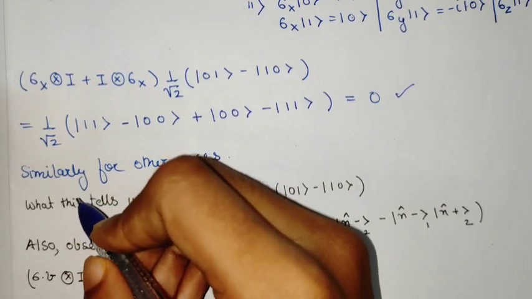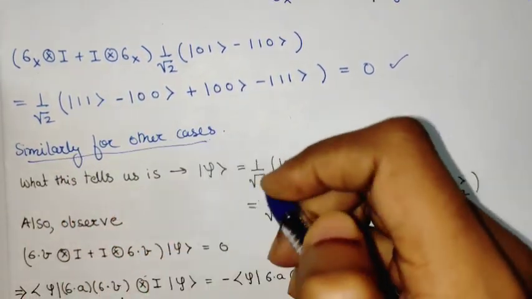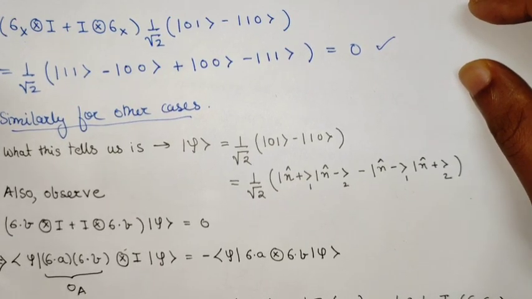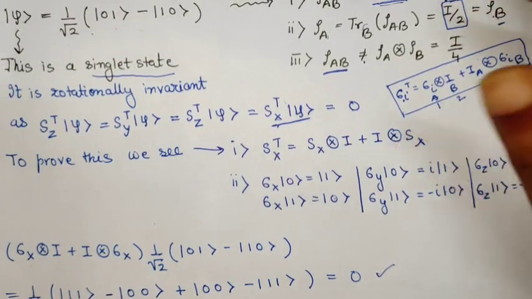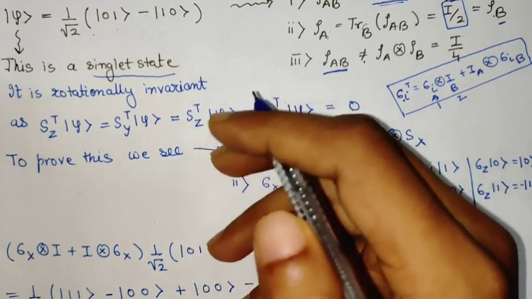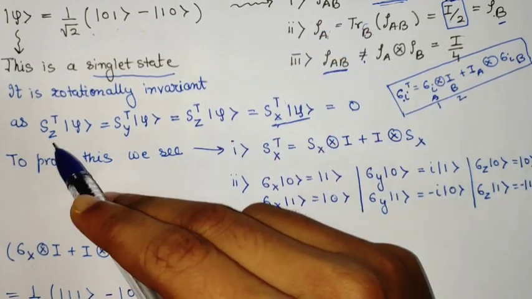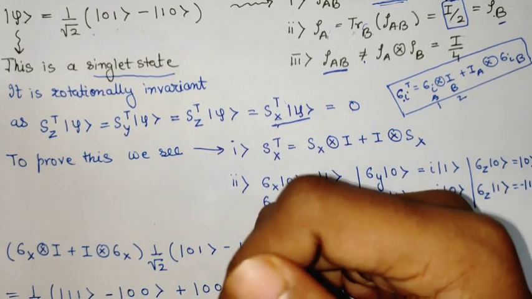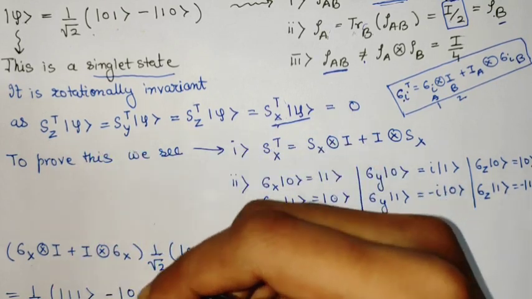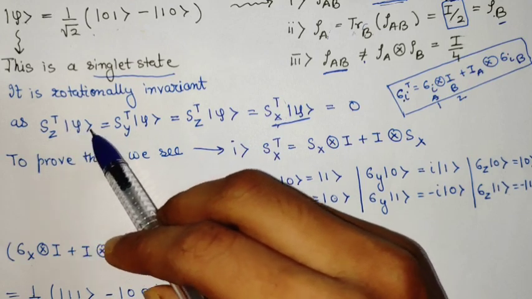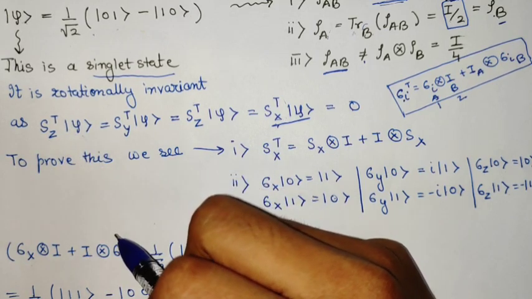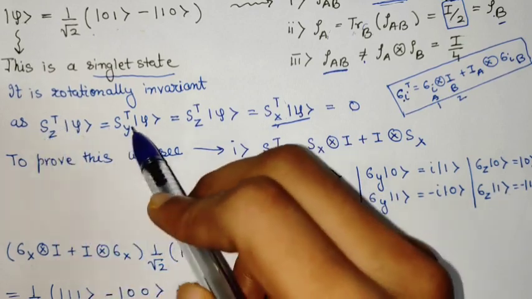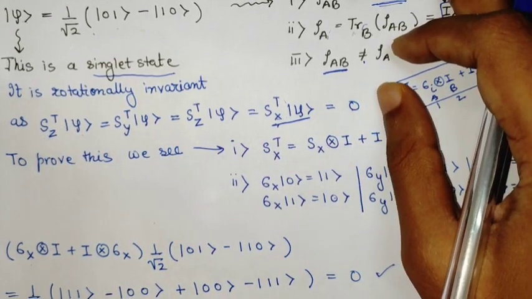Similarly we can check all the other cases, and what this tells us is that this state is rotationally invariant. This is quite easy to understand because these Pauli operators, or the spin operators, are the operators that generate rotation over this larger space of H1 tensor H2, and this state is completely invisible to these operators. So they are rotationally invariant.